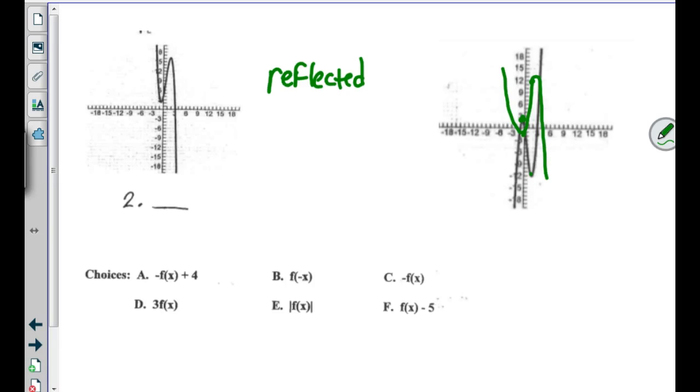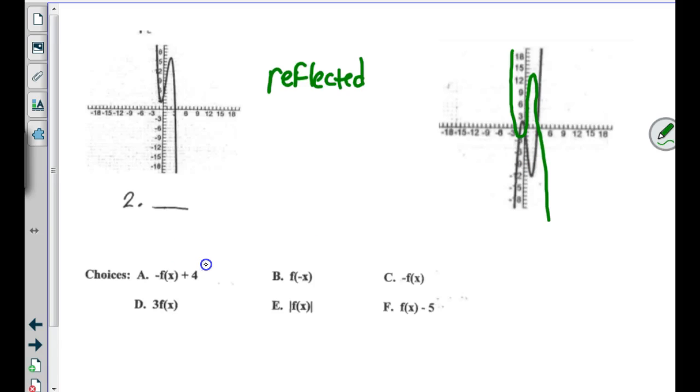Because if all it did was flip, look at this one. What I just said was if it flipped, it would look like that, right? It would have a piece below. This was the original. If it flipped, it would look like my green one. So what else happened?